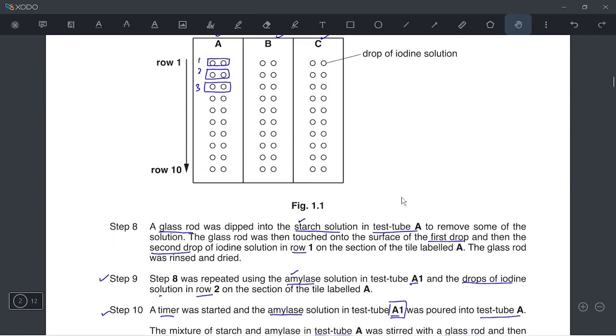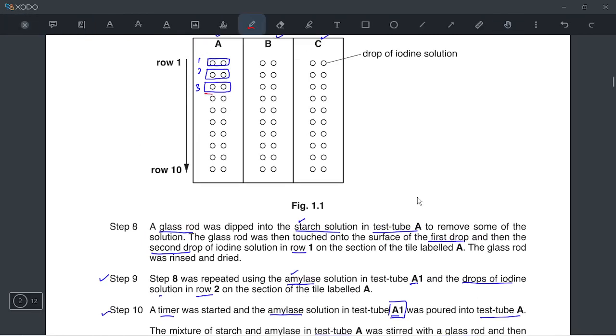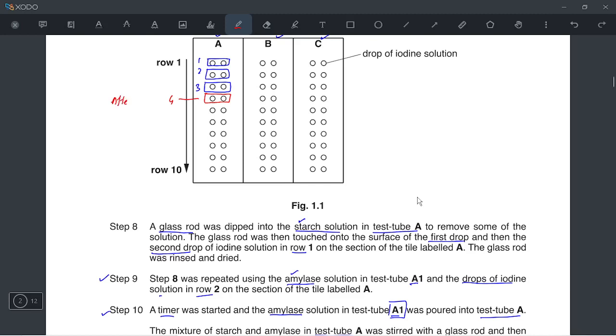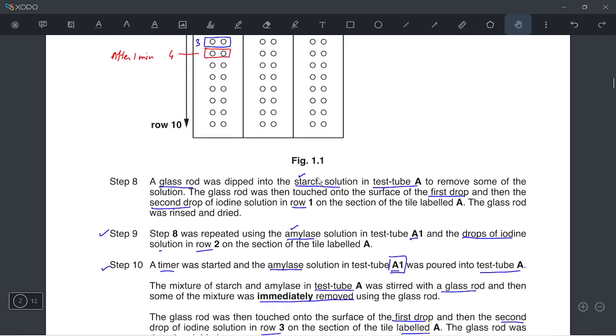Now here, after 1 minute, this fourth row, it was touched. So within 1 minute, how much starch is digested? Then the color will show.